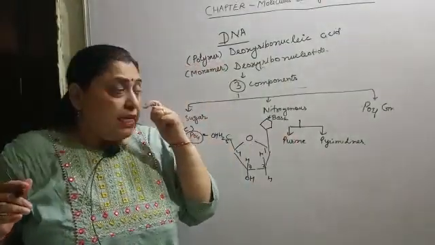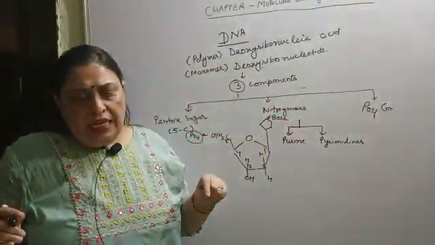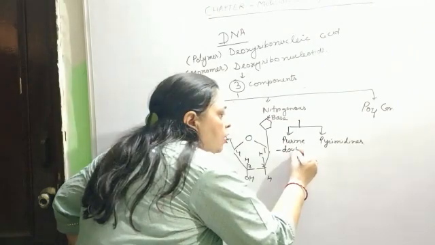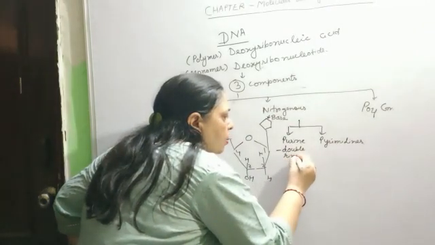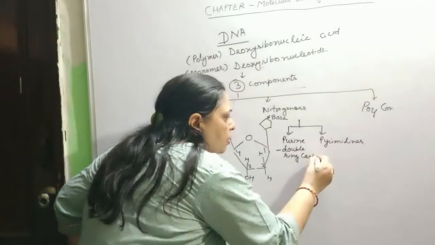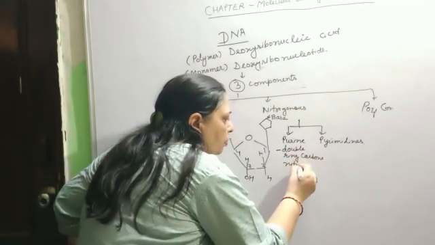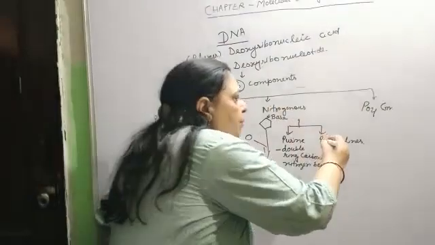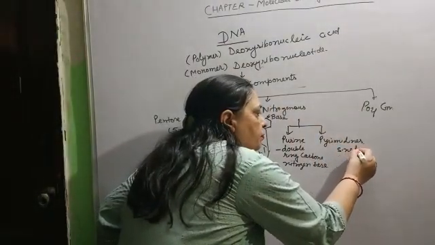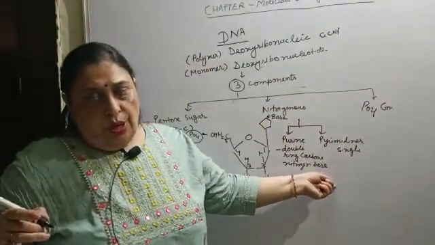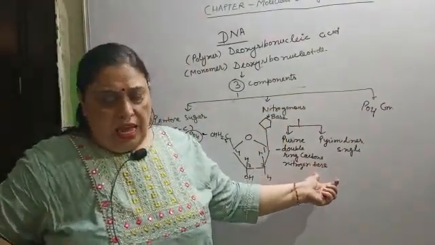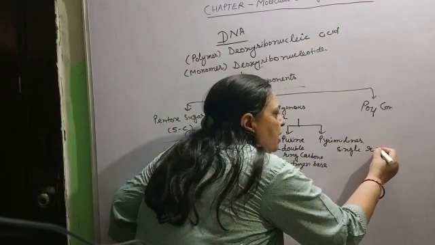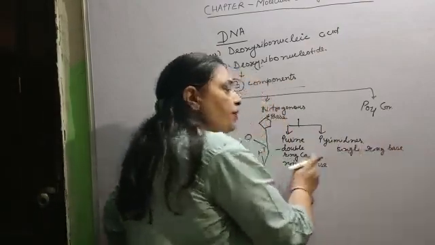Purines are made up of a double ring carbon-nitrogen base, and pyrimidines are made up of a single ring base. This is the difference between these two.